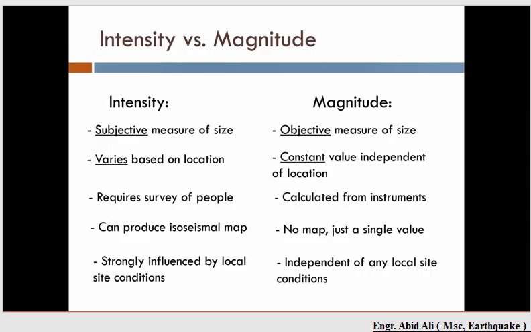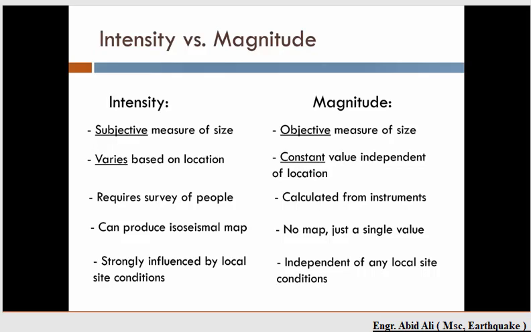Because the magnitude is a constant measure of the energy released by the earthquake. It has nothing to do with your location relative to the earthquake. Intensity depends on your location relative to the earthquake.